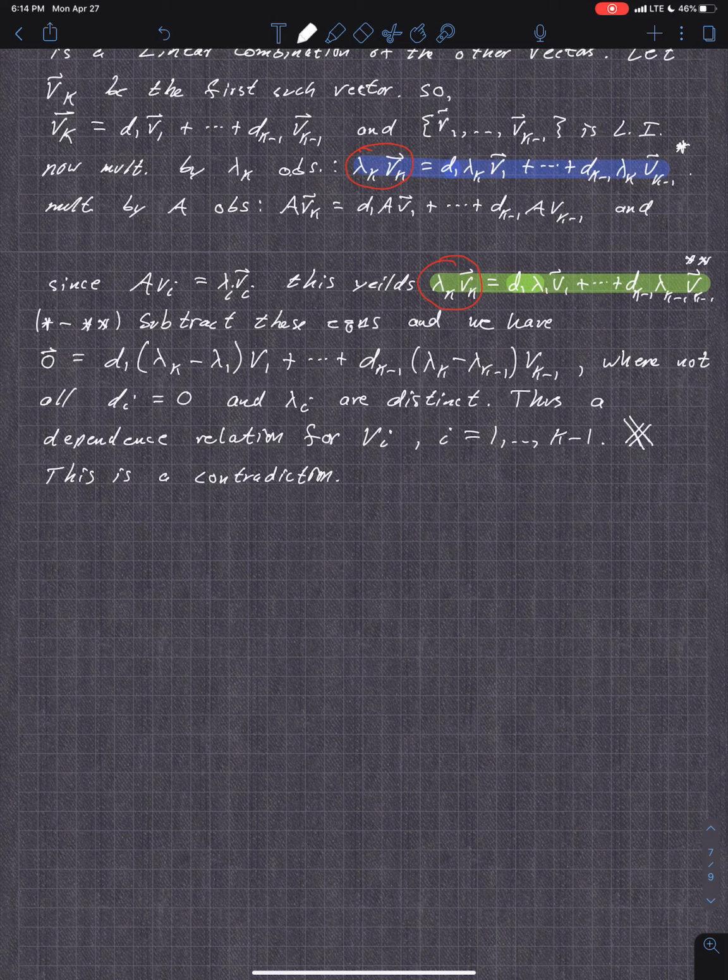Therefore, the set v1 to v sub n is linearly independent. And if that's the case, by Corollary 1, A is diagonalizable. Corollary 1 was that n-space has a basis of eigenvectors, etc.